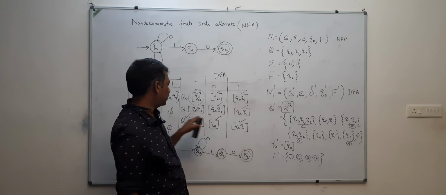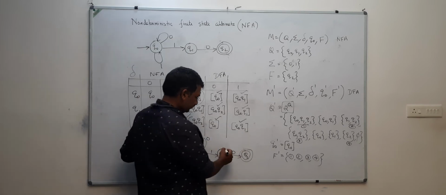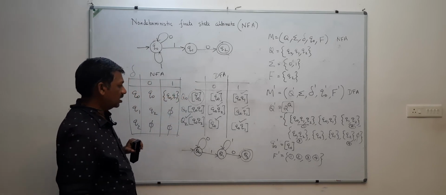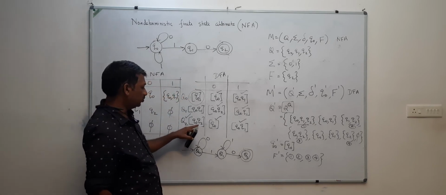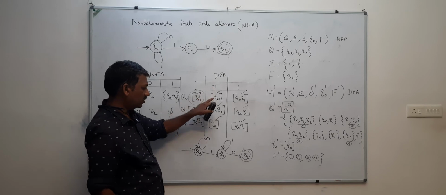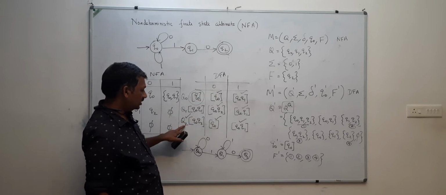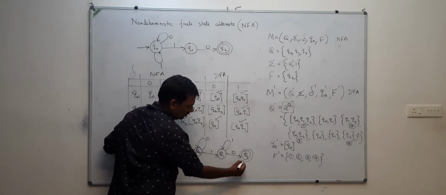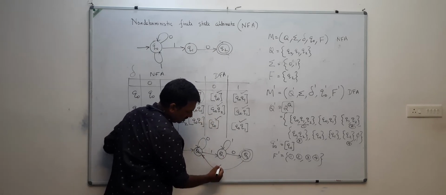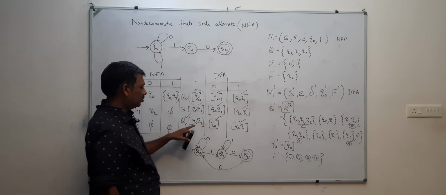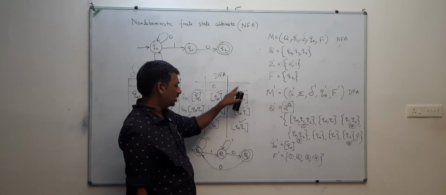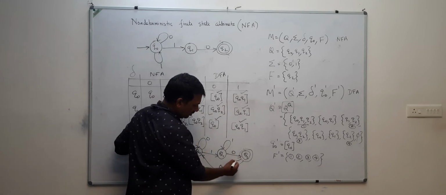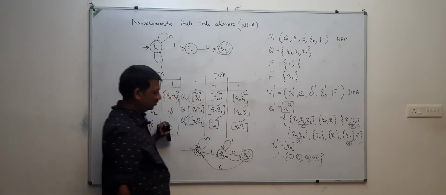Here upon reading 1, it stays in the same state. And what about Q0 Q2 on accepting 0? It moves to state Q0. And Q0 Q2 on accepting 1 moves to Q0 Q1.